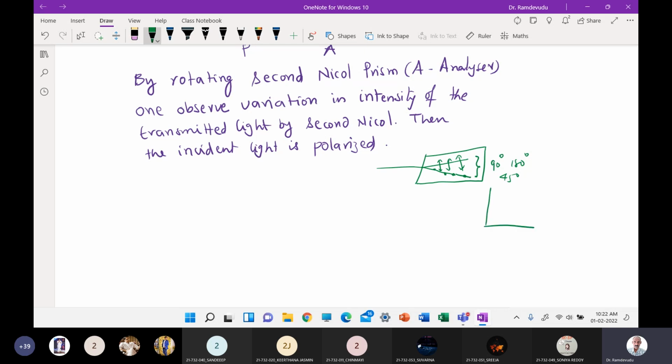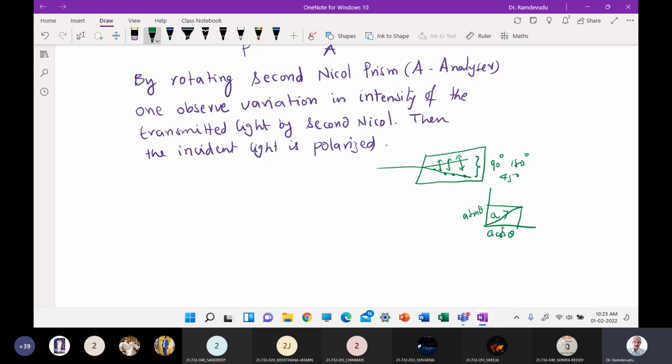Here, this is the incident light vector, this is the O ray, and this is the E ray. If the amplitude is A, I'll get A cos theta and A sin theta.